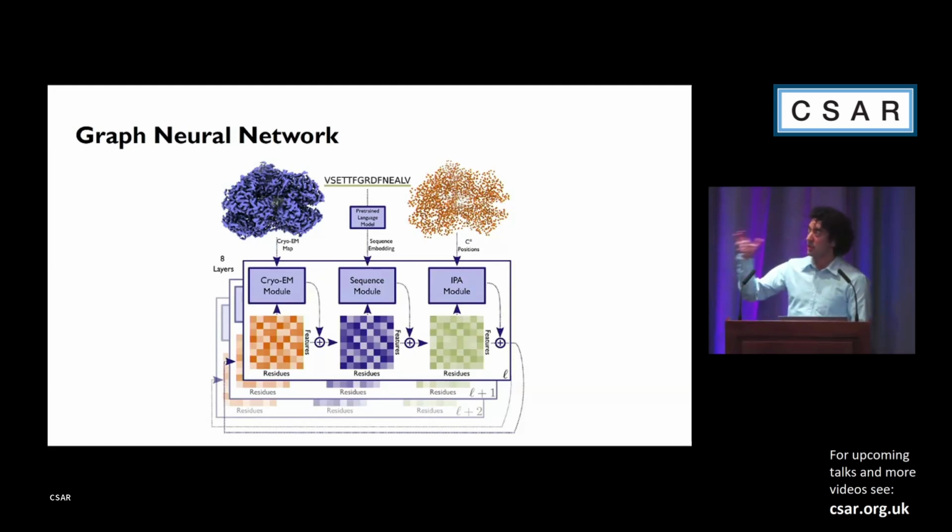So you have a module that looks at the map, extracts information from that, and puts it in a shared library. Then that shared library gets passed on, and you have a language model, very similar to ChatGPT but for proteins, that looks at your protein sequences, extracts information there, and puts it in the shared library.